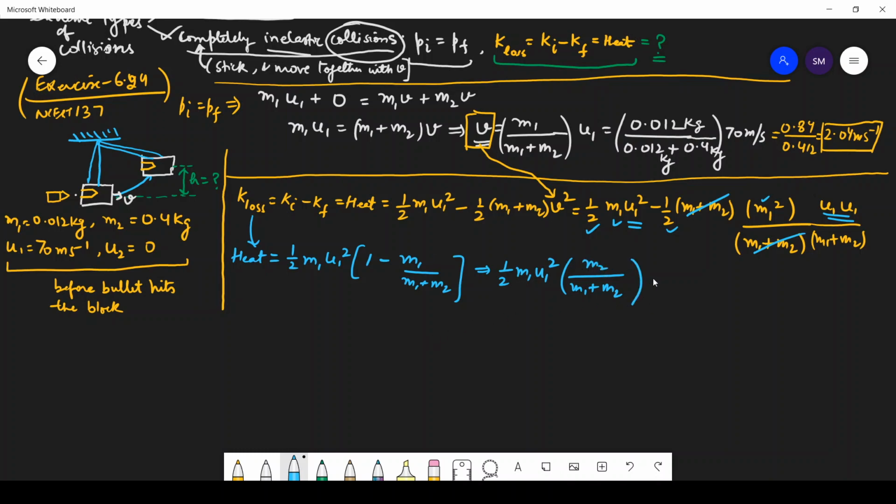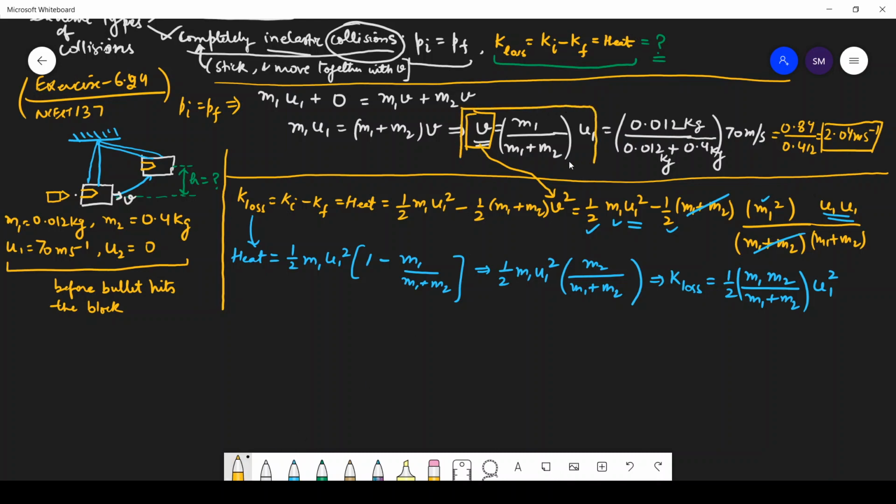Okay, so you have got the kinetic energy loss equals half m1 m2 upon m1 plus m2 into u1 square. So students, these two are very important formulas.